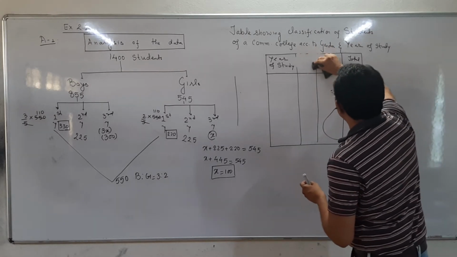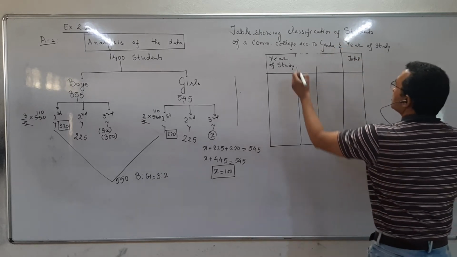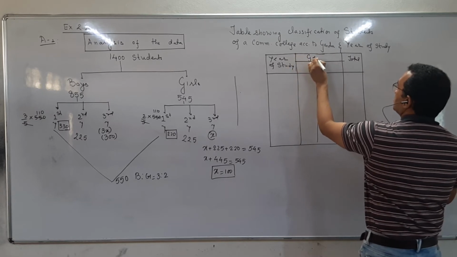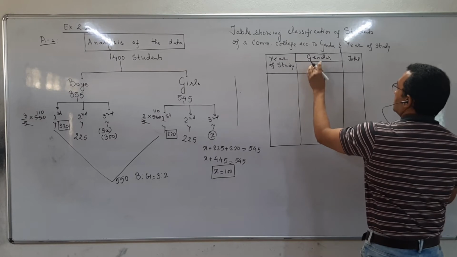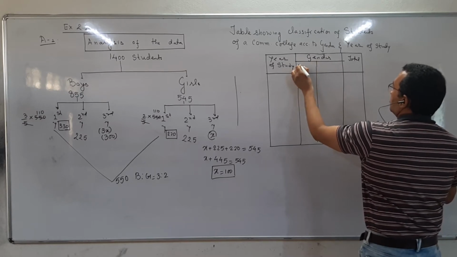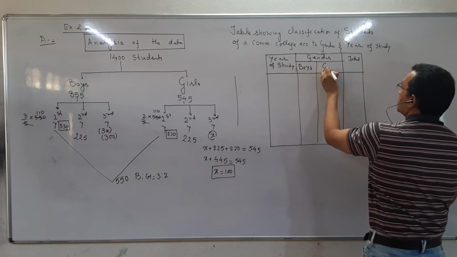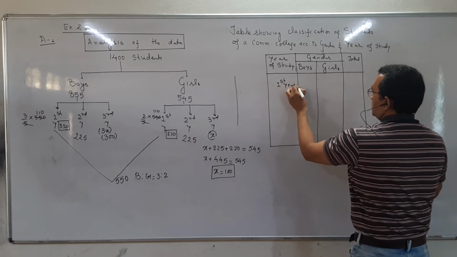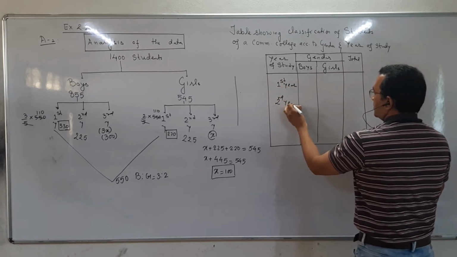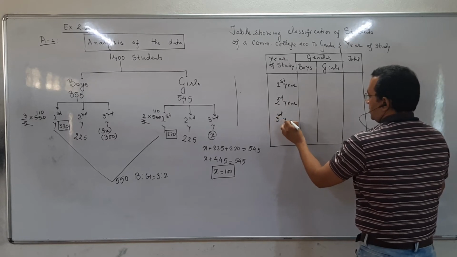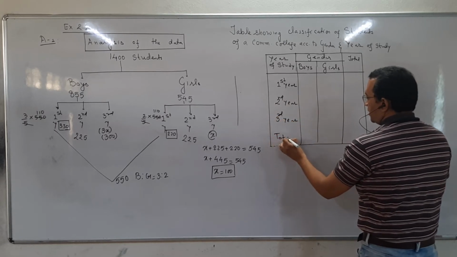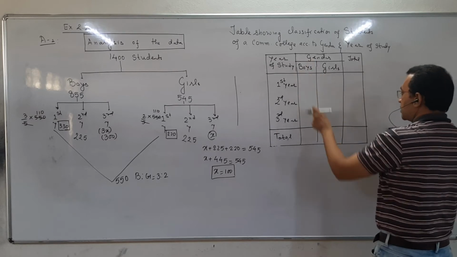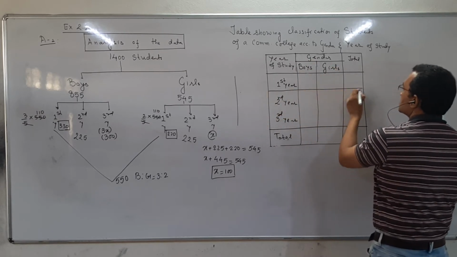See students, I can do like this also. There is no such thumb rule. Gender, and then I can divide and write boys and girls. Then write first year, second year, third year, and then again I will write total. We always facilitate horizontal total, and this is vertical total, and these are the horizontal totals.